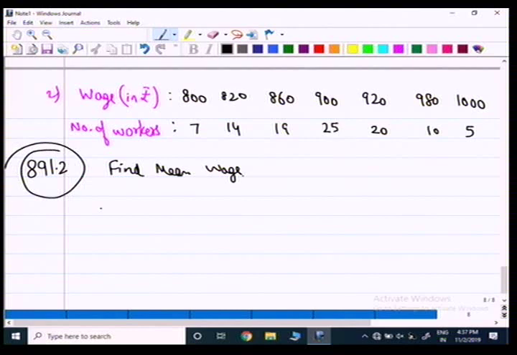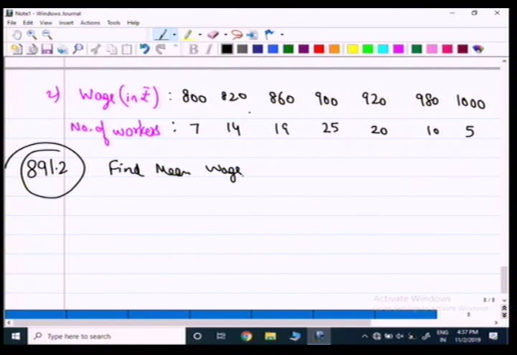There is no approximation over here. You will get the exact answer, because of the number of workers, if you add all the frequency.